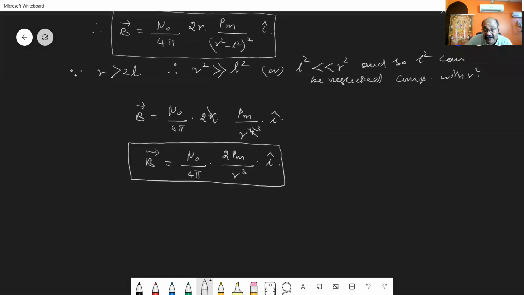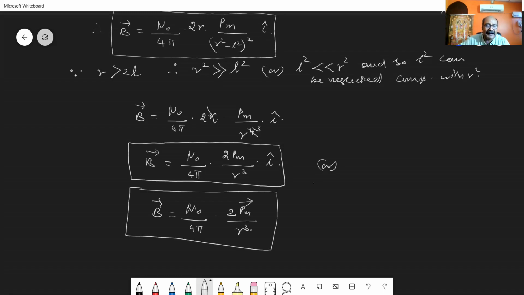This can also be written like this. B vector equal to mu 0 divided by 4 pi into 2 PM, where PM is the magnitude of the magnetic dipole moment, into I cap, the unit vector. When multiplied, this will become PM vector divided by R cube. This is taken to be the magnetic field.